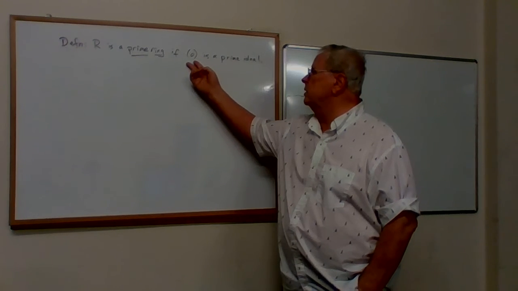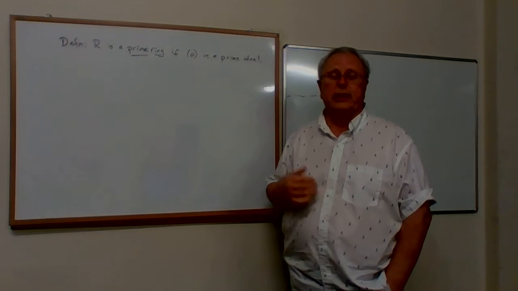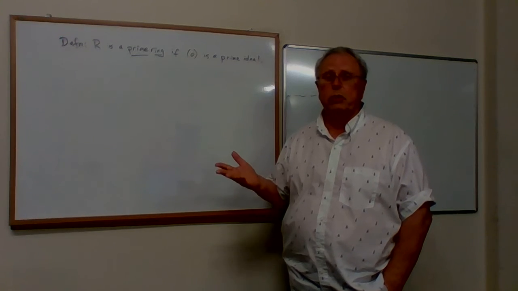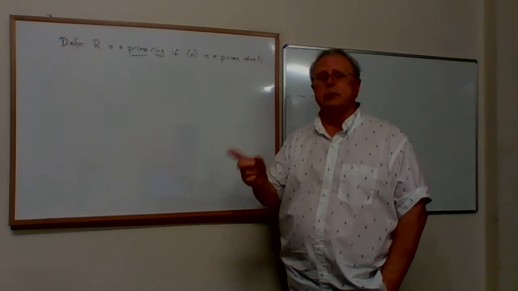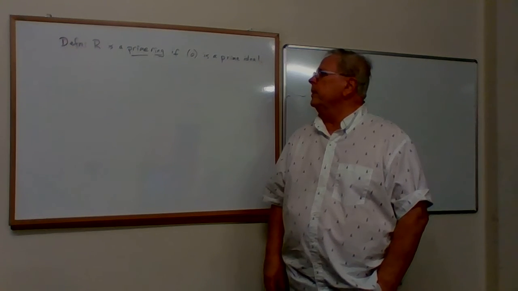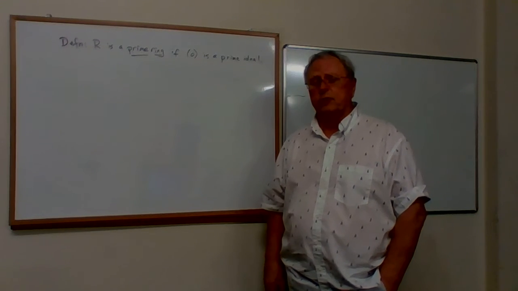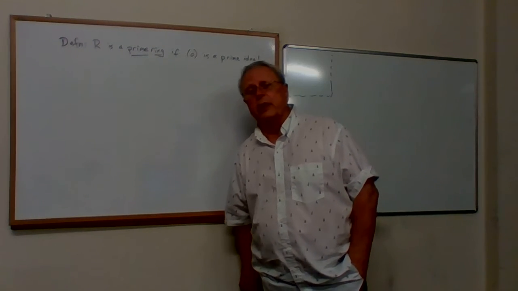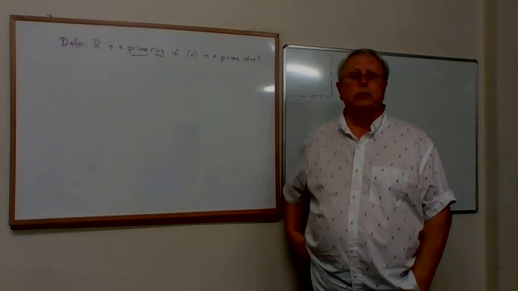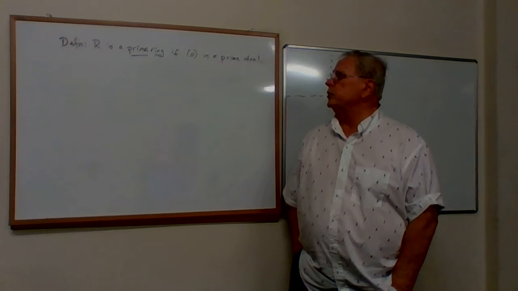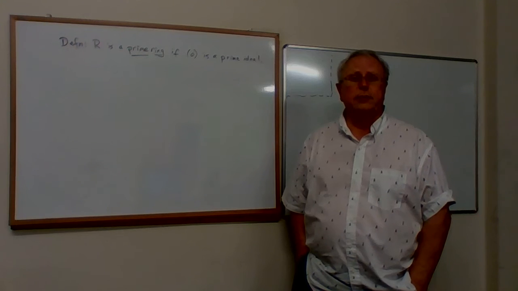So in a commutative case like Z, that just says that there are no zero divisors, because if A times B is equal to zero, then either A or B is equal to zero. So a prime commutative ring is a domain. If the commutative ring has a 1, then a prime commutative ring with 1 is an integral domain. So Z is a nice example of a prime ring.